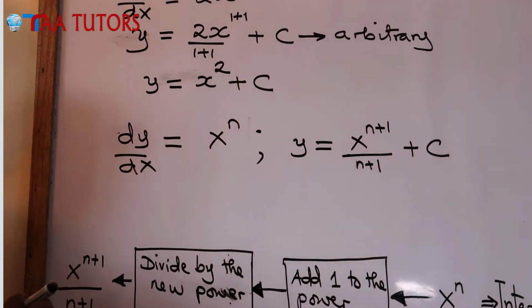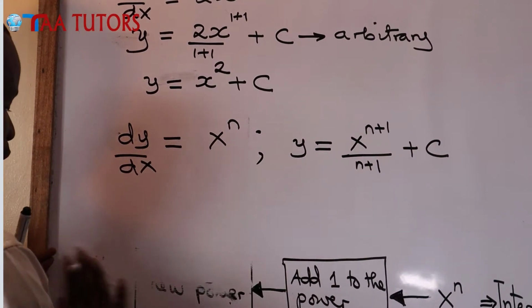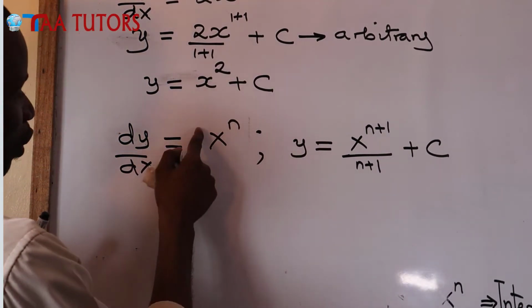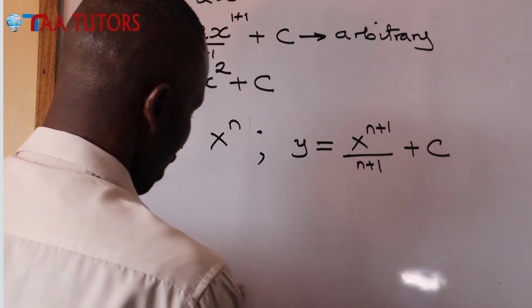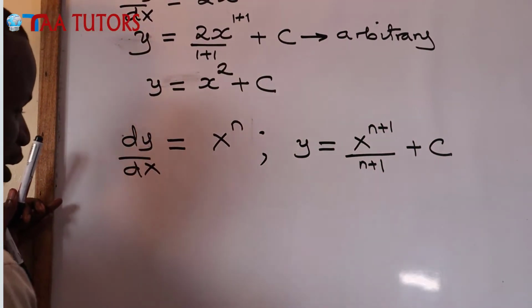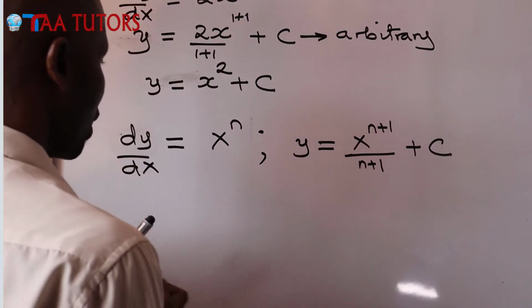What about if now our gradient function has got a coefficient? In this case, the coefficient is 1. What about if it has a coefficient which is more than 1?